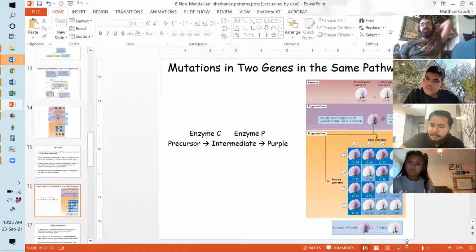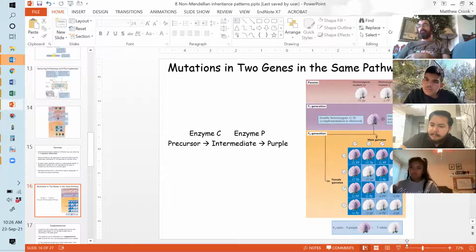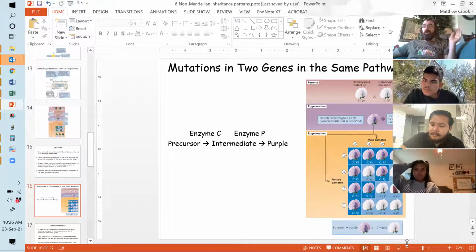So you can have a cat that is genetically a black cat because it has a dominant allele for the black pigment gene, but it will be white because it's homozygous for the dominant white gene. So the genotype you have for white masks whatever genotype you have for pigment color. You'll never see it if you're white.